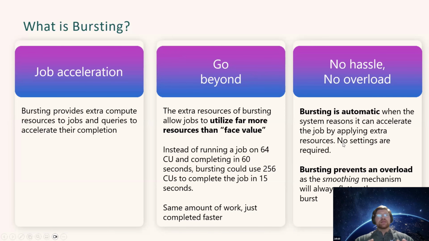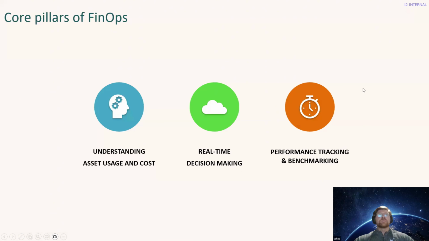And of course, that functionality is automatic, but you need to switch it on in your environment. And one of the things which I wish to mention, because it's kind of the basic of my talk today, is FinOps.